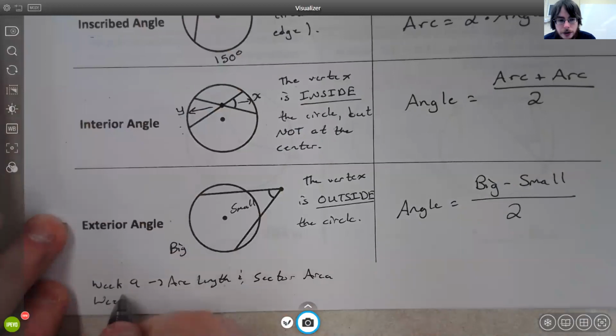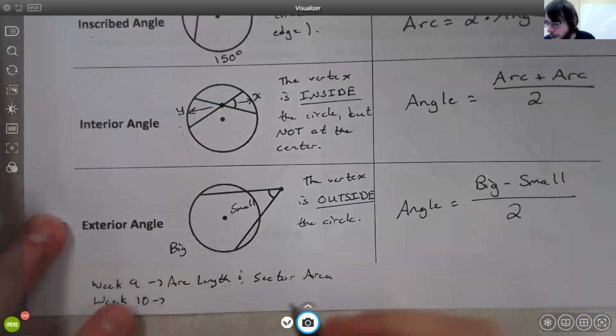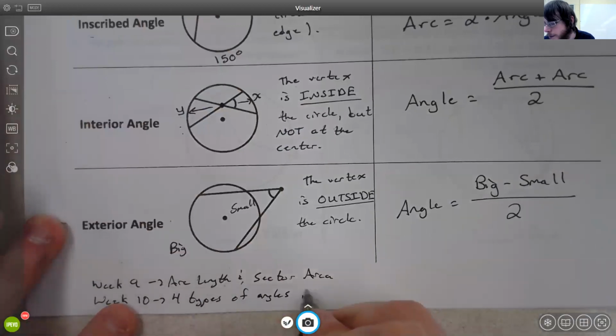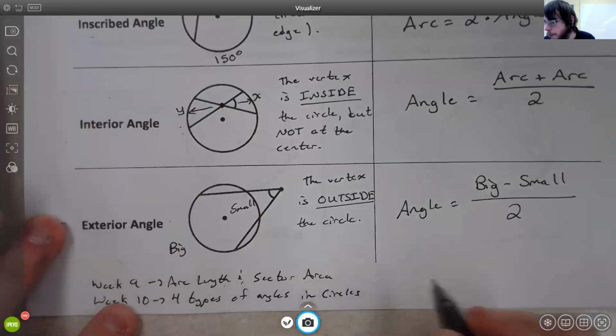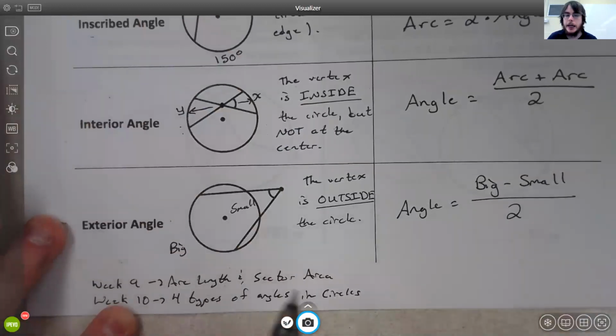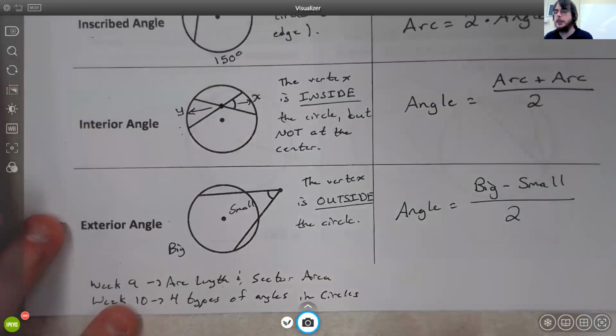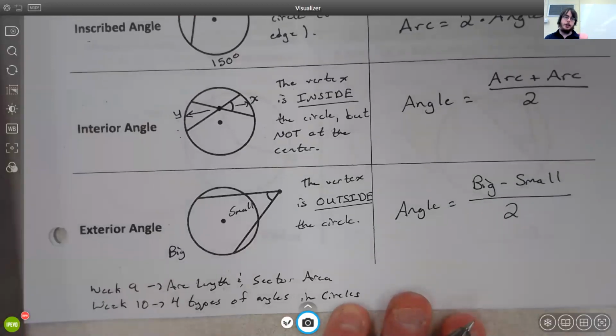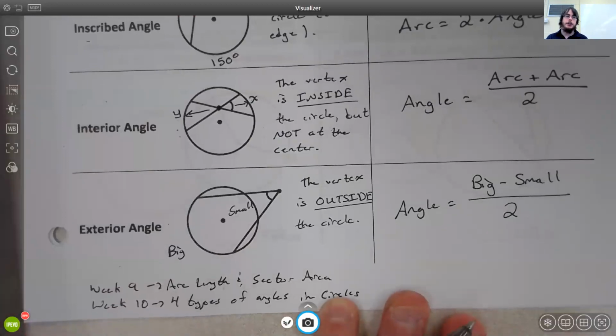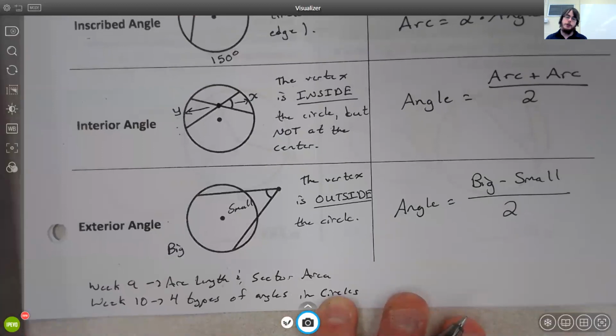The 4 types of angles in circles are in week 10. The very bottom one for week 9 is a bunch of examples for arc length and sector area, and in week 10 the last 3 have examples where I go over them step by step.